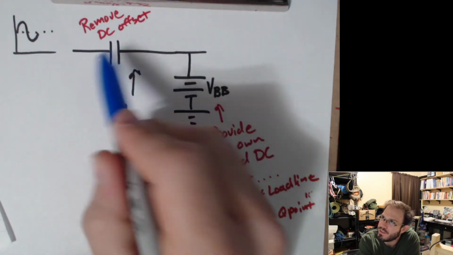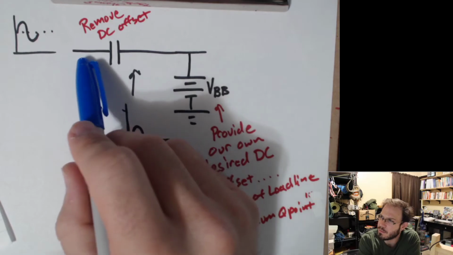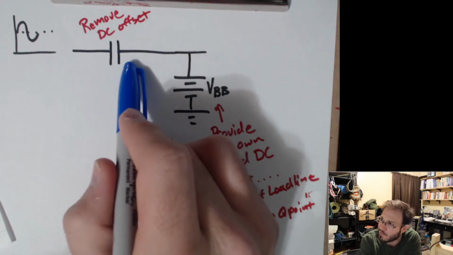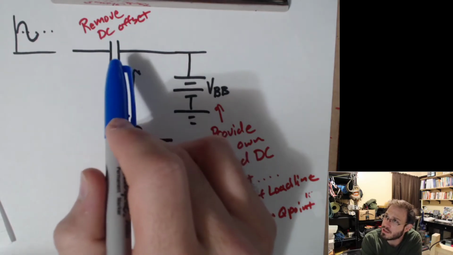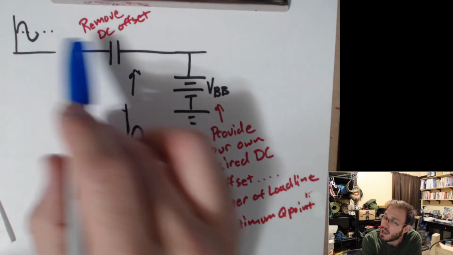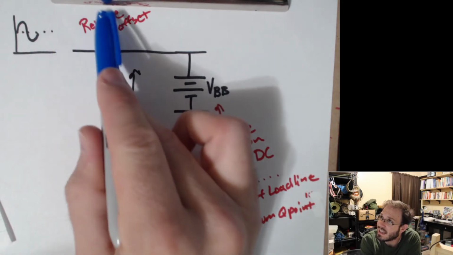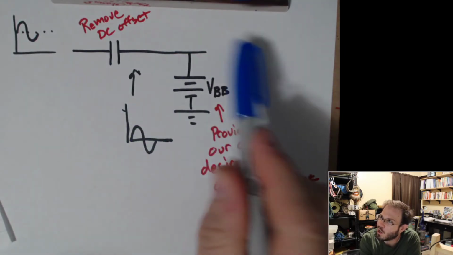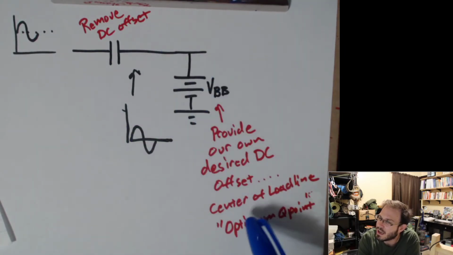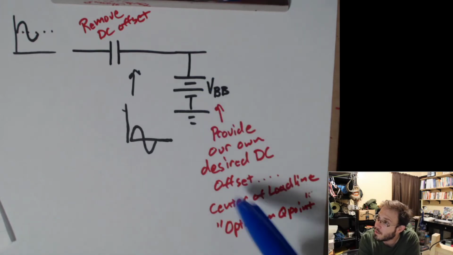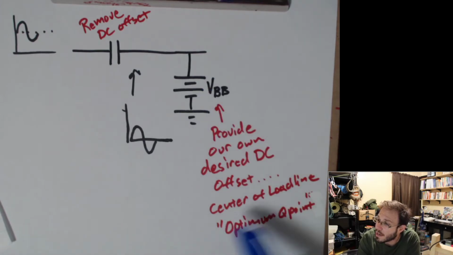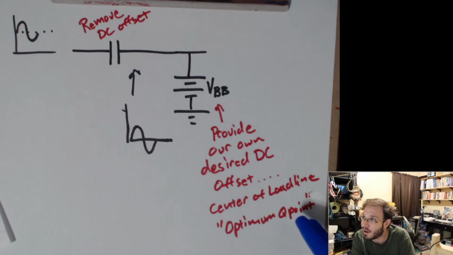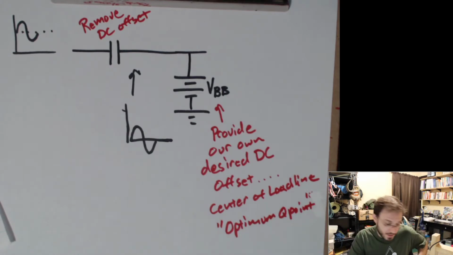We can remove the DC offset with a series capacitor because its capacitive reactance is going to cause the cap to block DC while permitting the AC to get through the capacitor. And then we're going to provide our own desired DC offset, which is going to be the center of the load line or our desired optimum Q point.